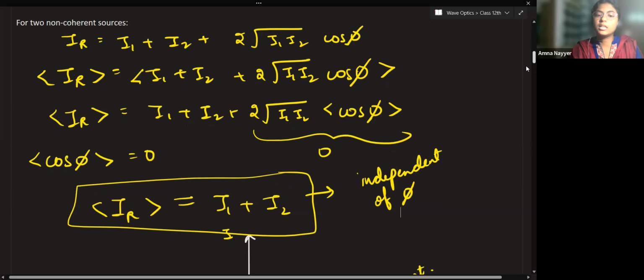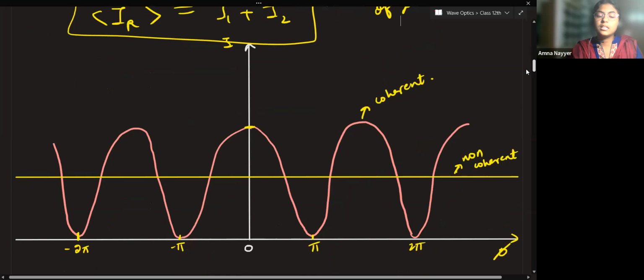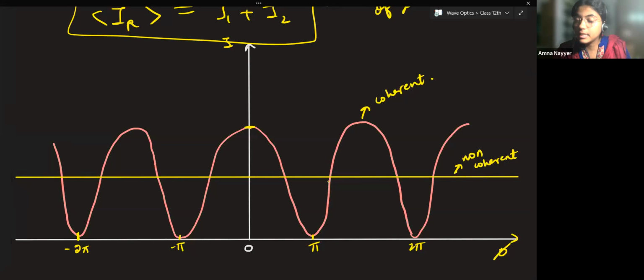If I plot the graph between intensity and phase difference, for coherent this is the maximum value 4I, then for the dark fringe 0, then at this phase difference again the same maximum value 4I, then again it decreases, then 4I, 0, 4I, 0. This graph will be obtained for coherent. For a non-coherent source, the graph is independent of phase difference, so it is a complete straight line.